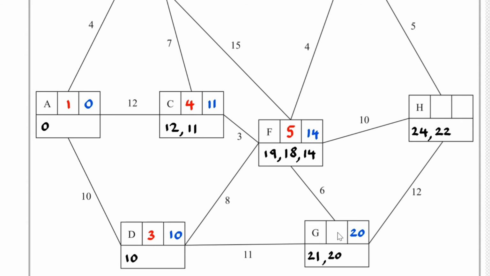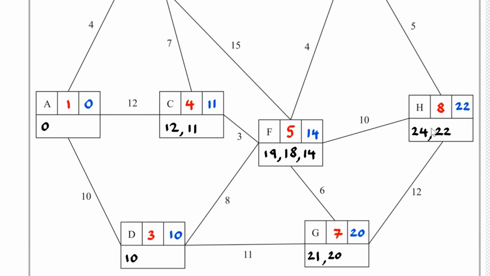G has order of labeling 7, and if I do the 20 plus 12, I get 32, which is bigger than the 22. So naturally the 22 would go here, and then 8 would go here.